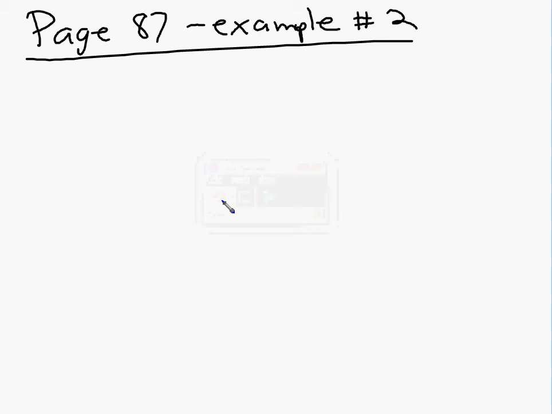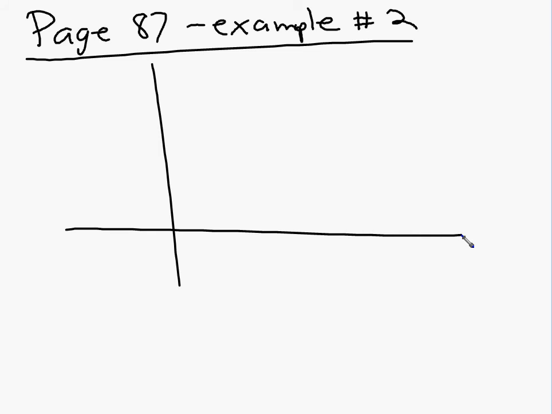If we look at page 87, we have a lot of information. They give us this graph, and we can probably add this into our notes. The graph kind of does one of these numbers.